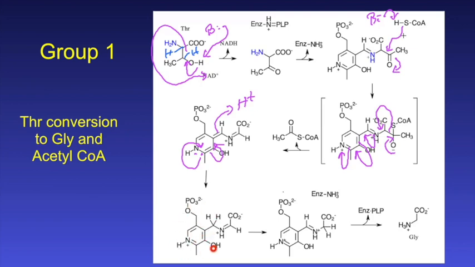Going from this to here, what is the difference? The difference is I have two hydrogens here, one there, one hydrogen there, one there. I'll take off one of those. The electrons will form the double bond, and this will pick up a proton.